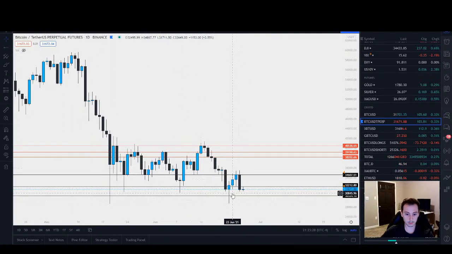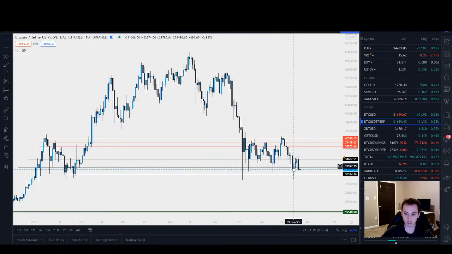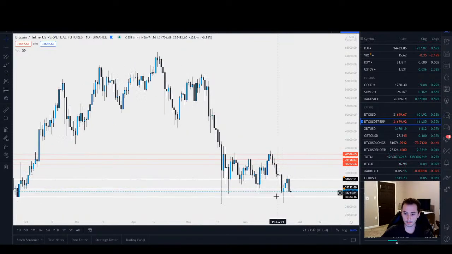I know some guys on Twitter were looking at around the 31 to 32 range. Brandon, Crypto Trades and Tech, I think he said from like 31 to 32 he had levels, or he had orders. I don't really know where he's getting those levels from, because I don't really see that. I see the 31.5.